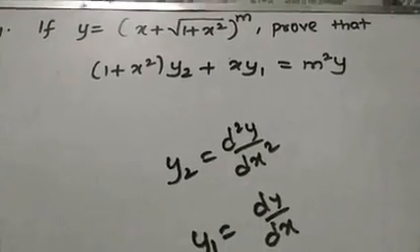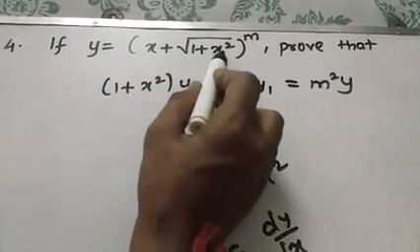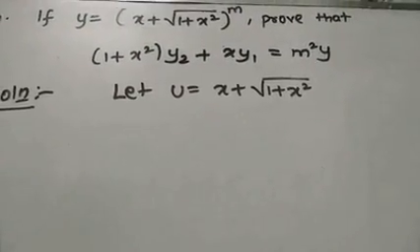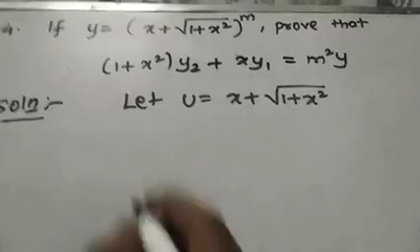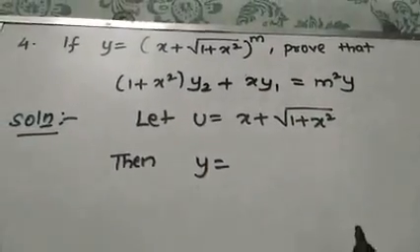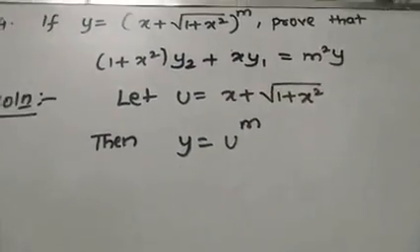So here first of all what we'll do, we will assume the bracket part, that is x plus root over 1 plus x square as u. So we will assume this as u. Then your question will convert into a short form. Now this bracket part is your u and the power is m, u to the power m.